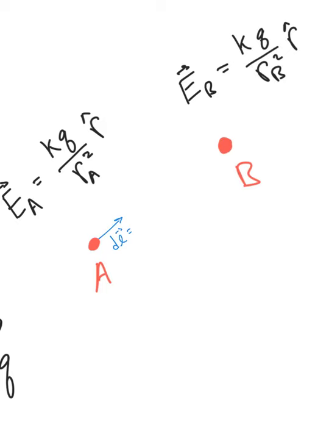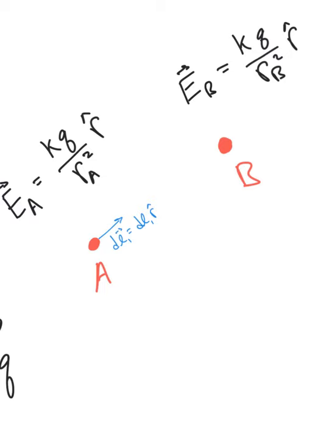I could write this as dl magnitude, the length of my vector, multiplied by r hat. It points radially away from the point charge, so it should have a direction of r hat, and it has some tiny length dl. I'll call this dl1 because it's the first step in our journey.